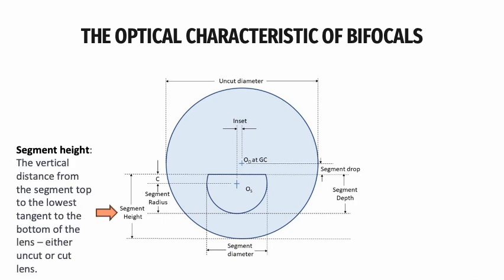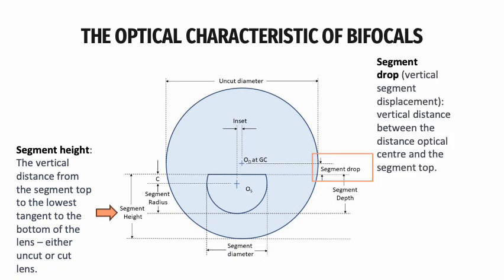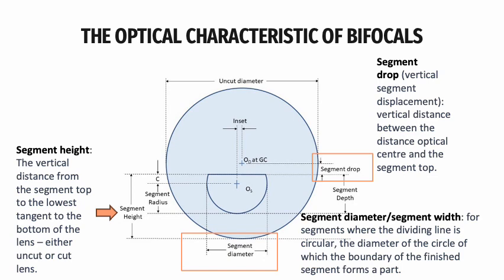The segment height is the vertical distance from the segment top to the lowest tangent to the bottom of the lens, either uncut or cut lens, whereas the segment drop or vertical segment displacement is the vertical distance between the distant optical center and the segment top. The segment diameter or segment width, for the segment where the dividing line is circular, is the diameter of the circle of which the boundary of the finished segment forms a part.